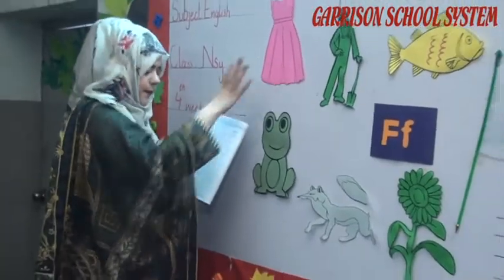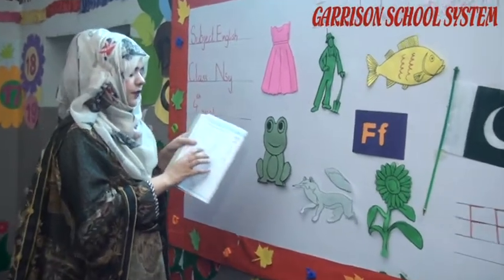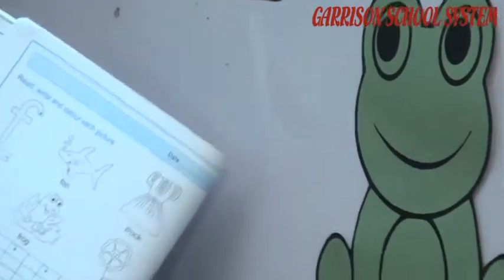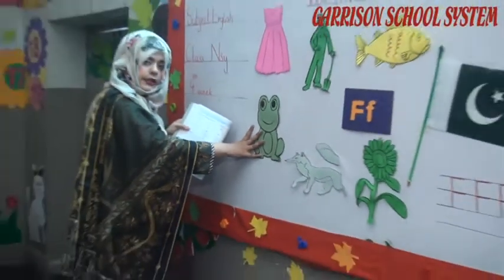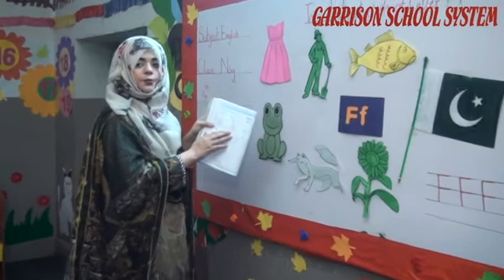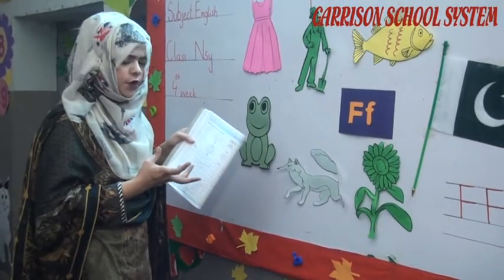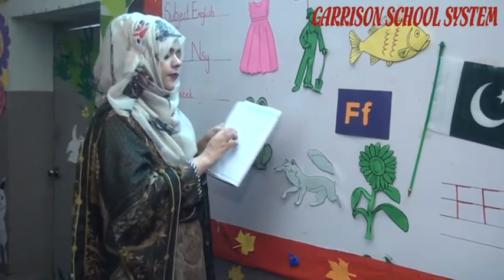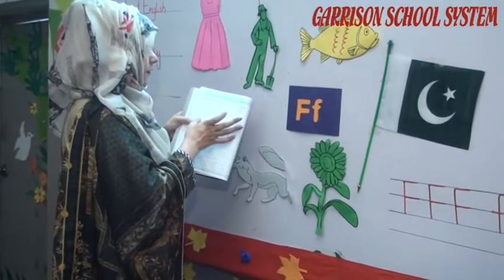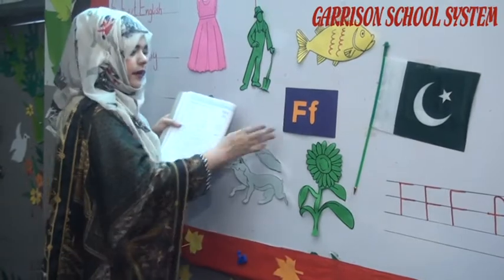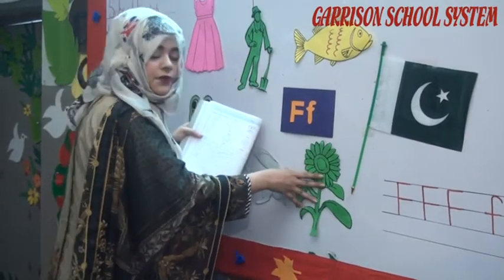You have learned this earlier and now you are looking at it in your books as well. F for frog. You know, a frog likes to hop. F for flower.